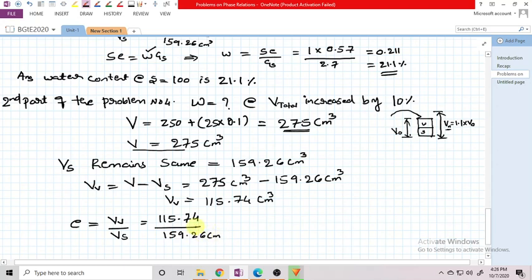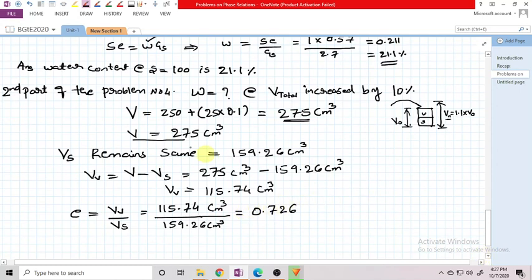Both are in terms of cm cube. Now how much will it come? 115.74 divided by 159.26 comes to around 0.726. So your new e is equal to 0.726.